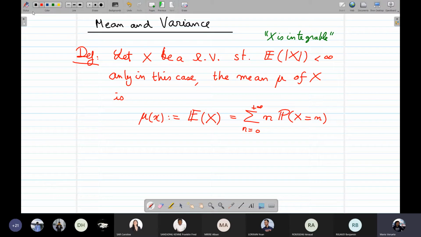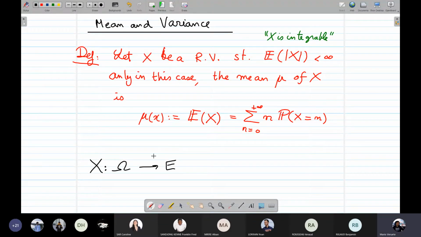Please remember that X is a random variable. That means it is similar to omega, but it's not an omega. X is a function from omega to a set E.